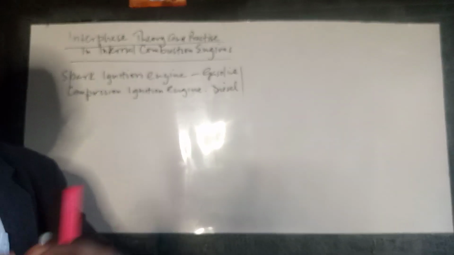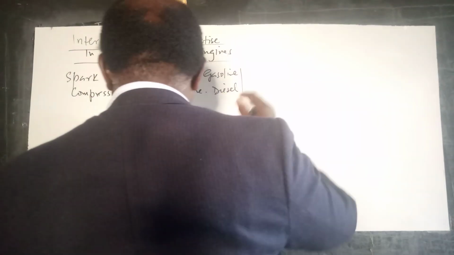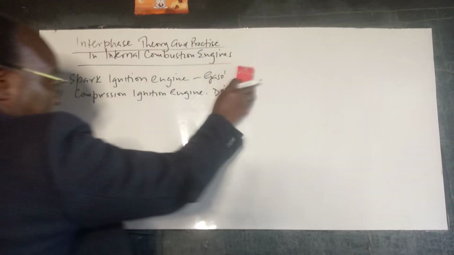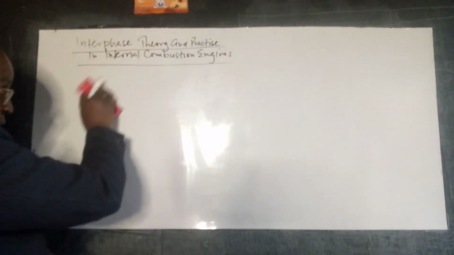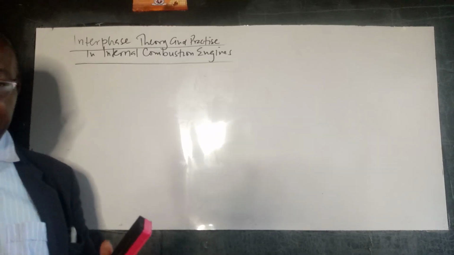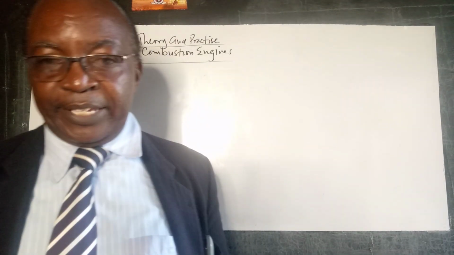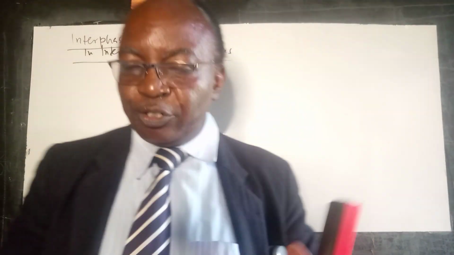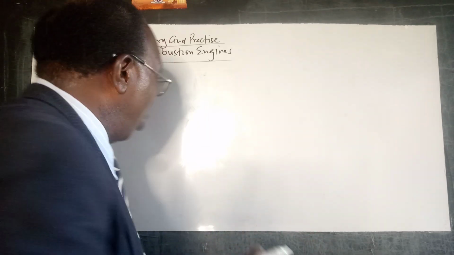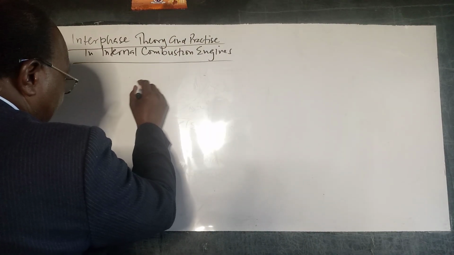So let us divide our unit into sections. This internal combustion engine, whether spark ignition or compression ignition, has some very common components, so we can build it as a block.